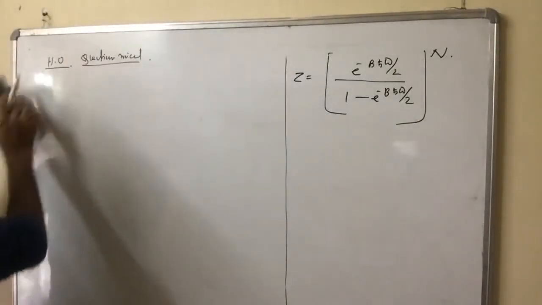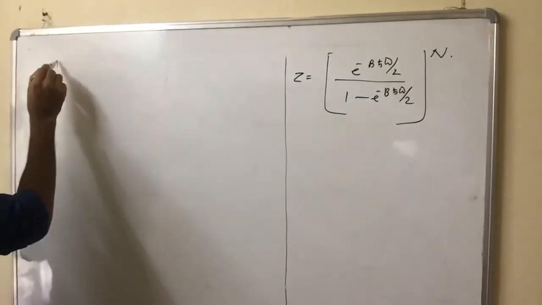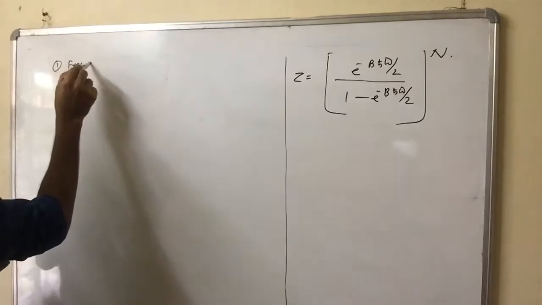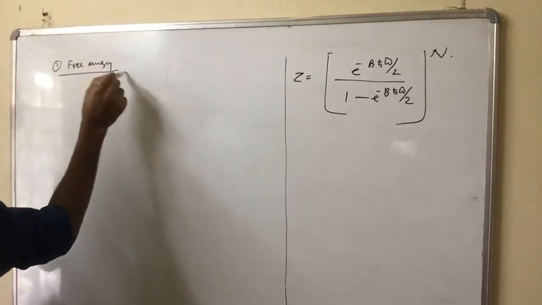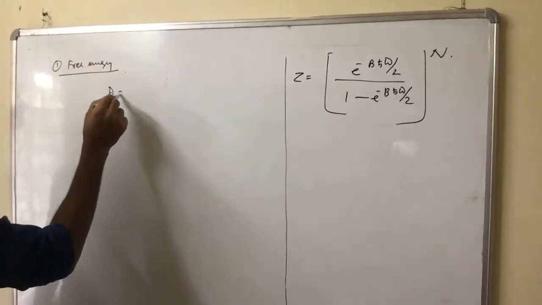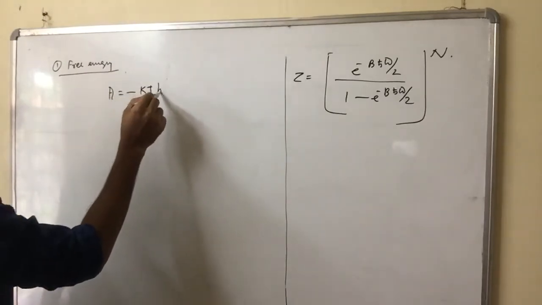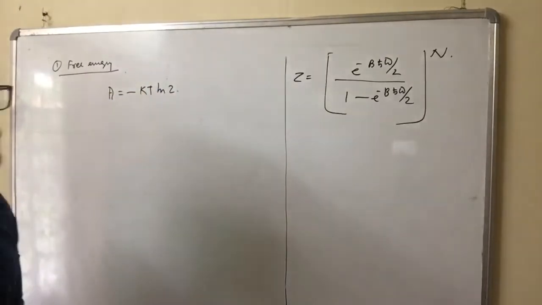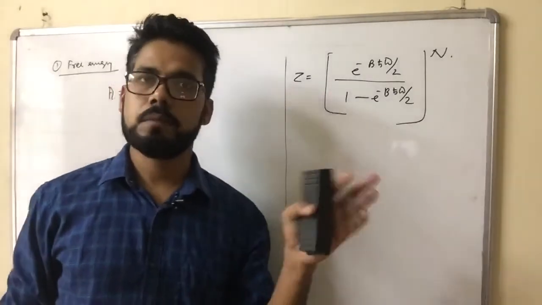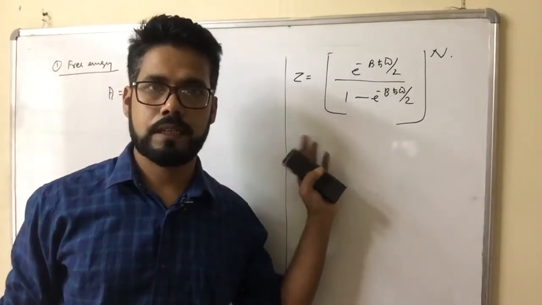First, I will calculate the free energy. How to calculate? The free energy formula is very easy: free energy A equals minus kT ln Z. Remember, one question in the last NET exam asks from this free energy expression.